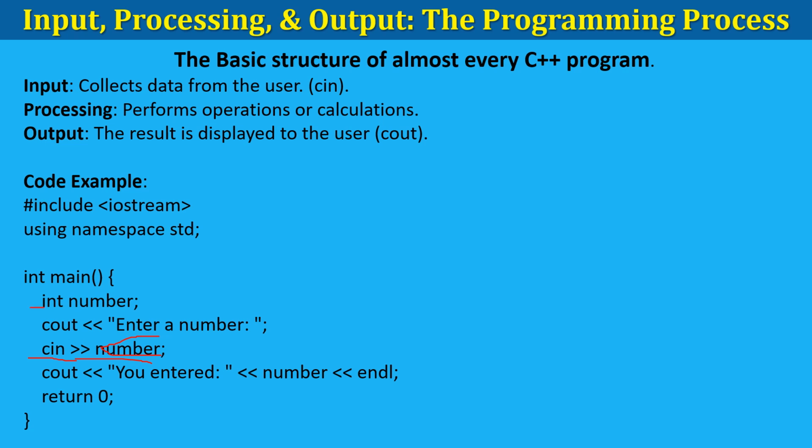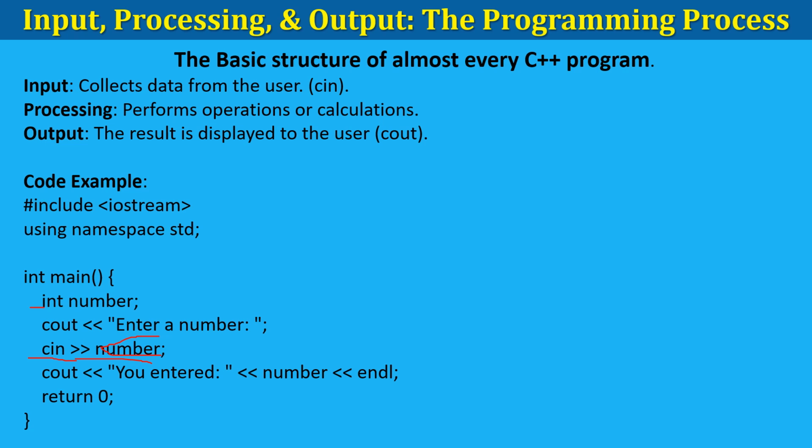If the user provides a non-numeric input, the program may behave unexpectedly. In this simple example, there is no significant data processing beyond reading and storing the user input, but typically this stage involves performing logical operations or calculations on the input data.